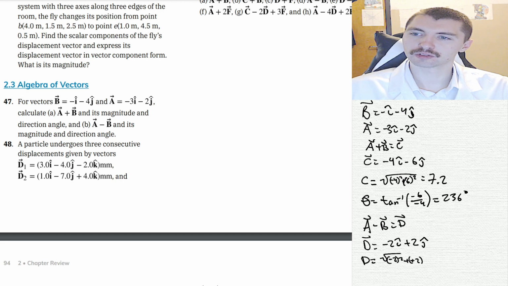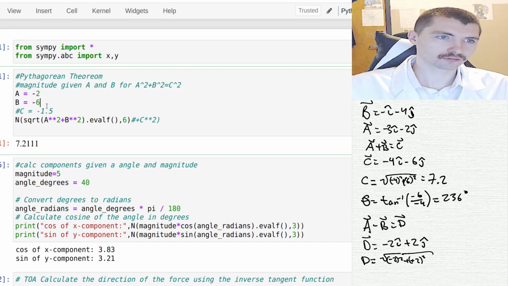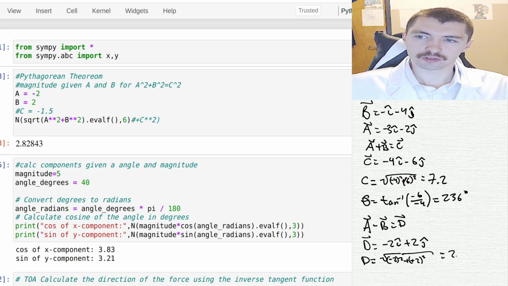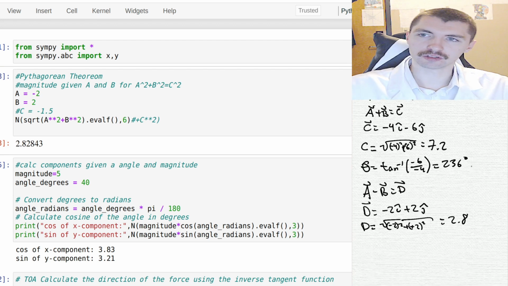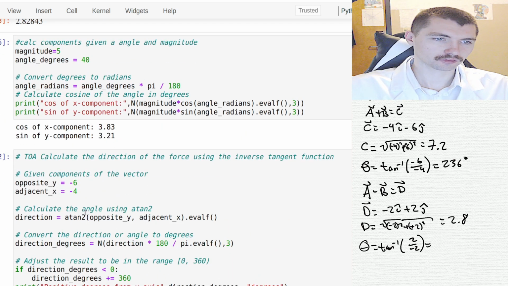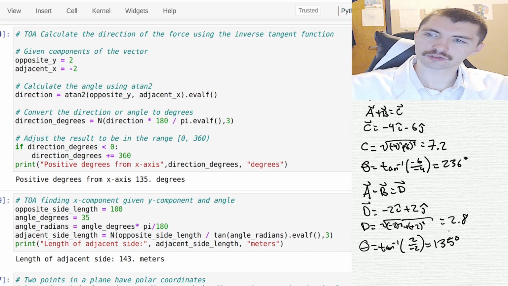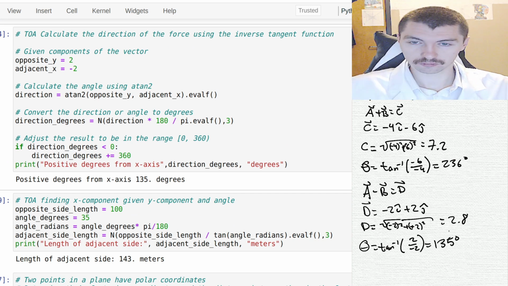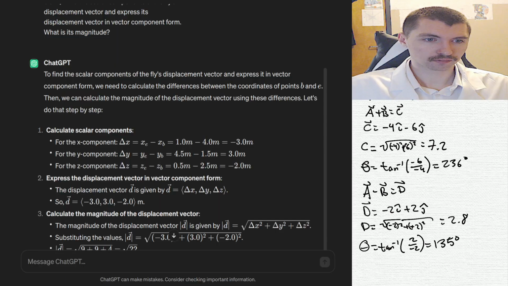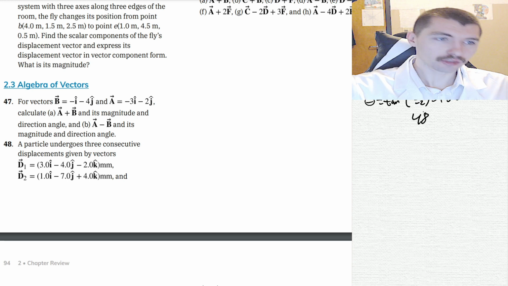That should be positive 2. -2.8. Okay, and they want the direction. -2, -2. So 135 degrees. Okay. 48.